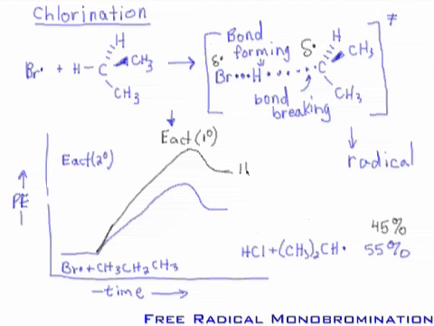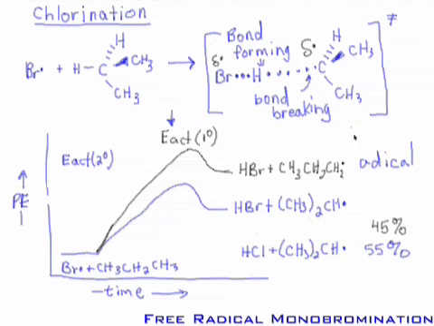And I've got HBr forming this time, plus CH3CH2CH2 dot. And for the secondary radical, I use blue, so that's HBr plus (CH3)2CH dot. Let's rub that out.